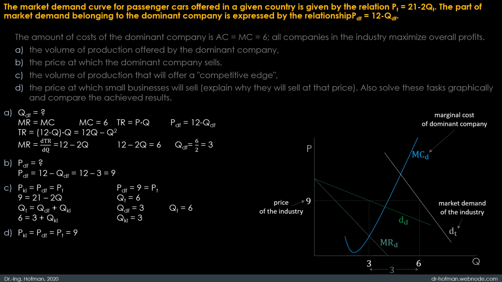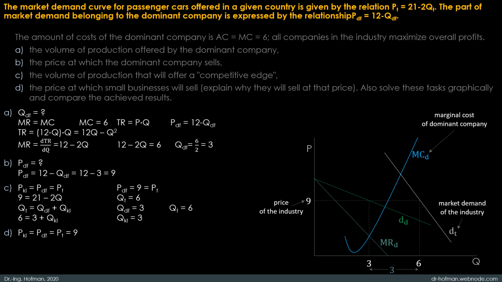In question C, you are asked to determine the volume of production that will offer a competitive edge. That's then price for KL. KL is from the Czech expression for competitive edge, konkurenční lem, KL. It's the price, the same as the price of the dominant company, and is the same as the market price.